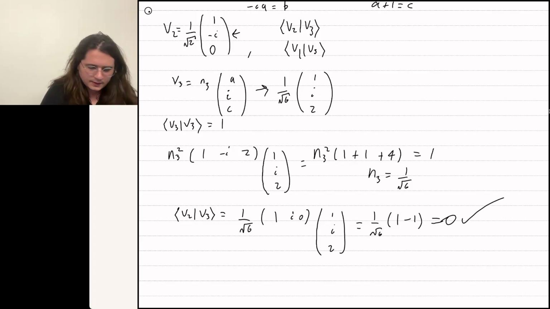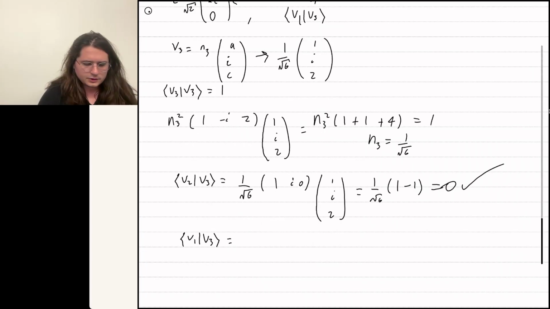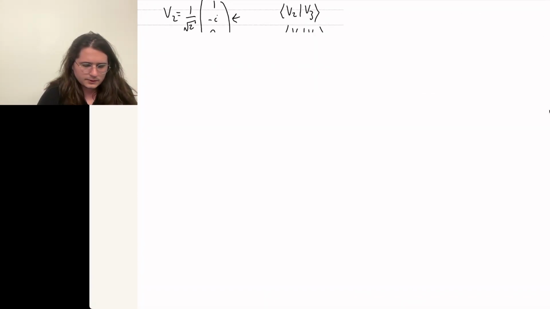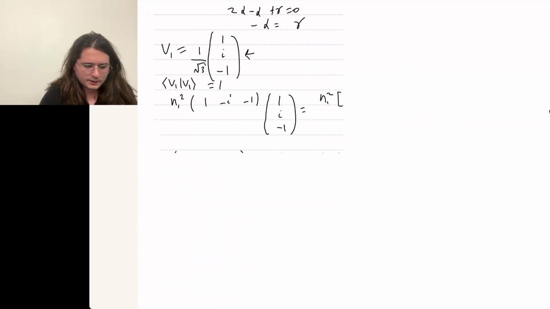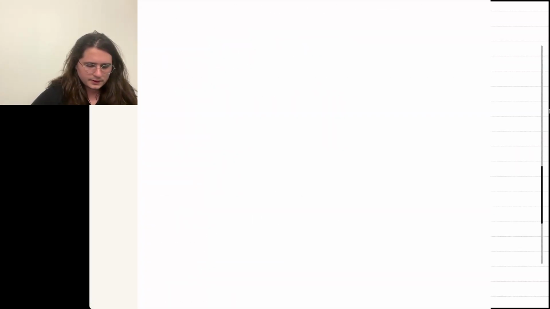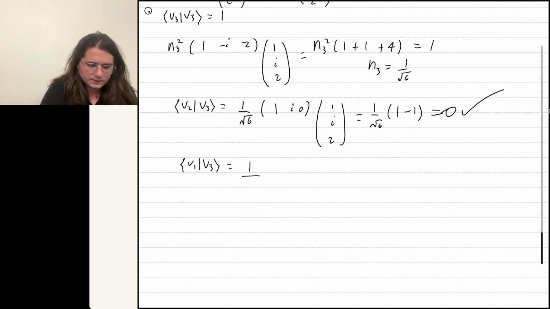That's good. Also check V1 inner product with V3. That is going to give you, let's see, the normalization on V1 was 1 over root 3, right? Yeah. So it's 1 over root 3 times 1 over root 6 gives you 1 over root 18, and what was V1?